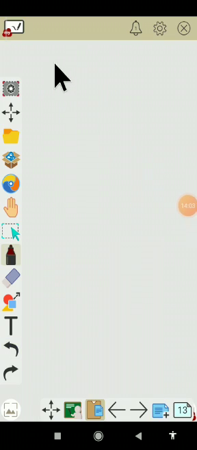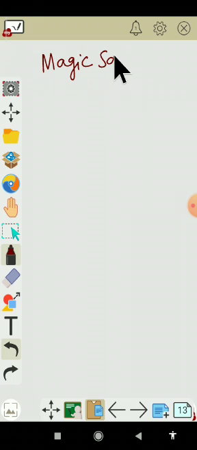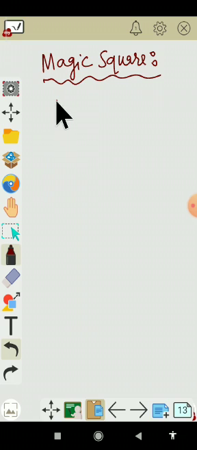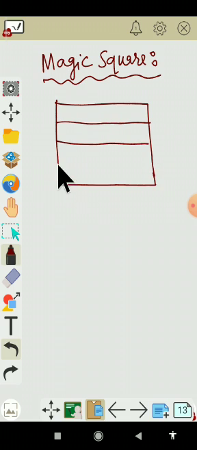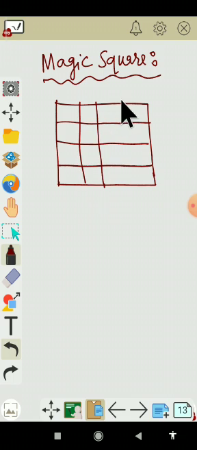So now we will see the magic square. A magic square is a square where, if you add the numbers horizontally or vertically, or diagonally, all the time you will get the same number.